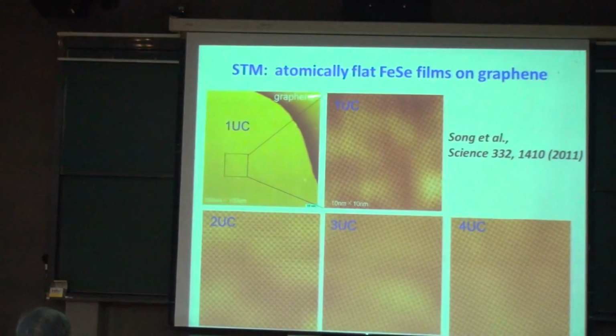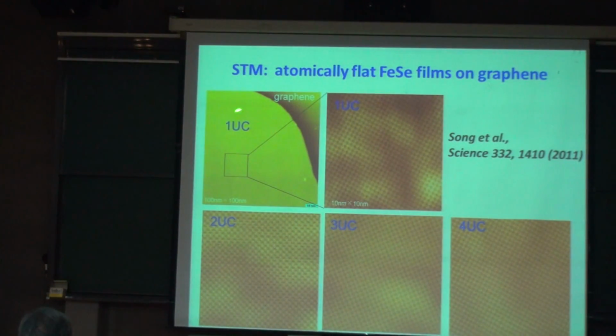And then on graphene-terminated silicon carbide, we prepared 1 unit cell iron selenide. If you zoom in, you see there are very few defects. After depositing the second unit cell, the defect density is also very low, and the same for 3, 4, and so on. So basically, you can grow the material layer by layer.